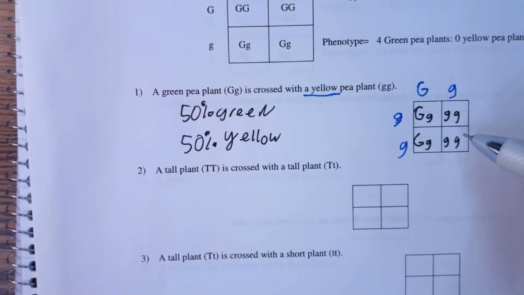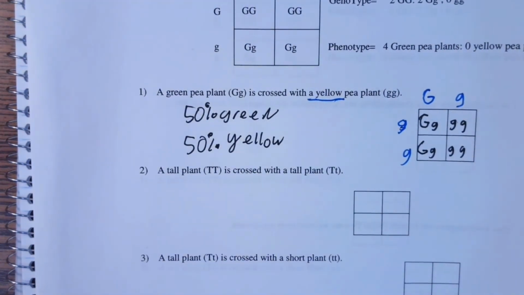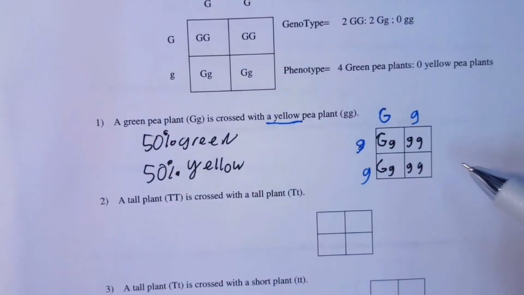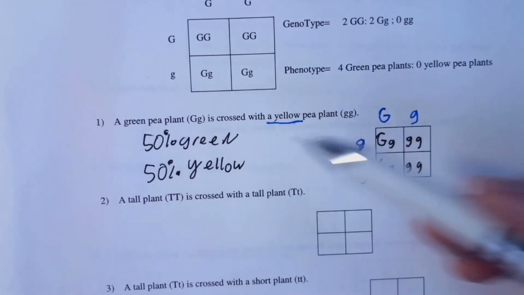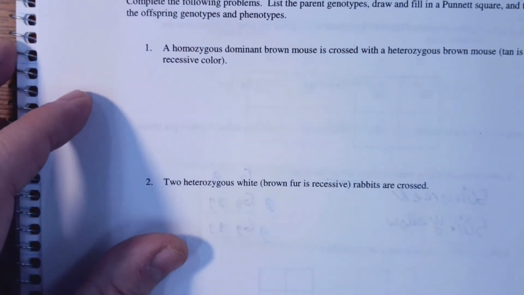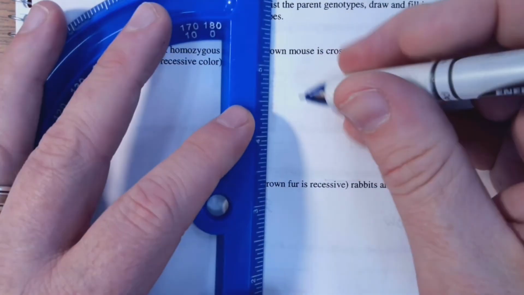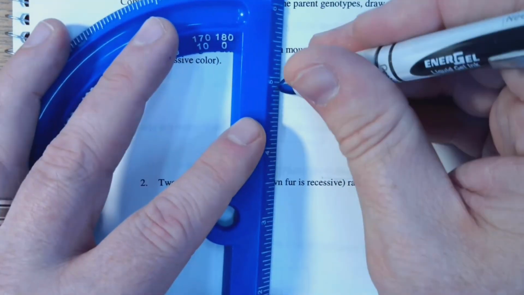Okay, so that's what I'm going to have you do on all these, and that's all we're doing. We're going to fill out the box, and we're going to do the statistics of it. On the back, they're going to make you do a little bit more, sort of. So you're going to have to know a few words.